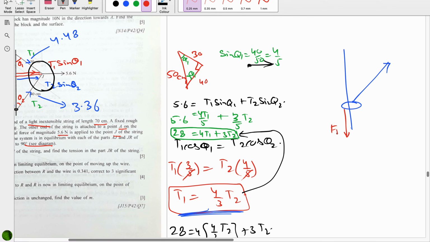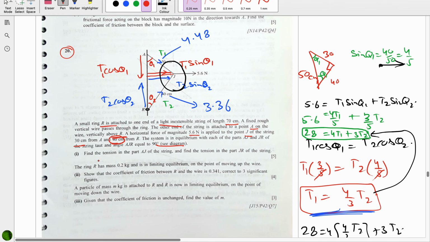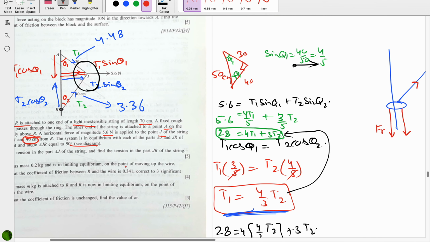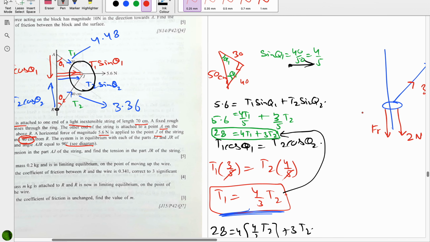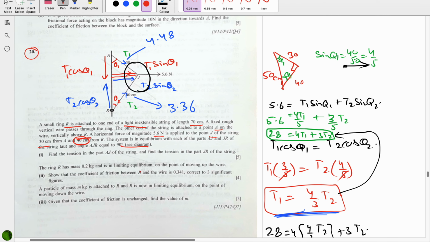So this is Fr, and weight of the ring is also downwards. This is T2, which is 3.36 newtons. And we know all the other things, sine theta 2 and 30, 40, 50, all values. So 0.2 kg makes it 2 newtons. Weight is 2 newtons downwards. Let's fill up the other missing values.